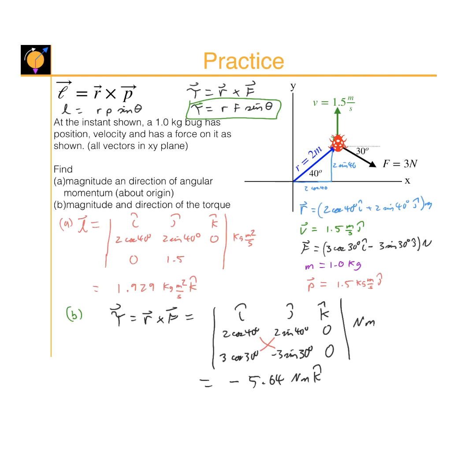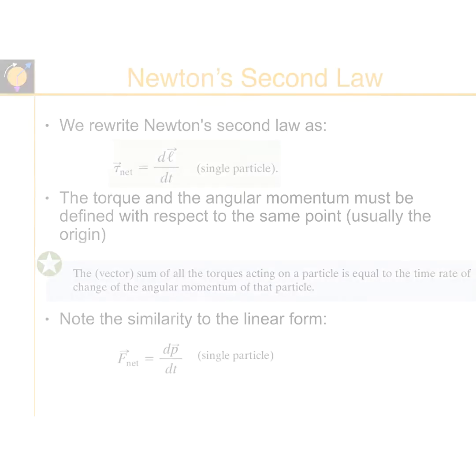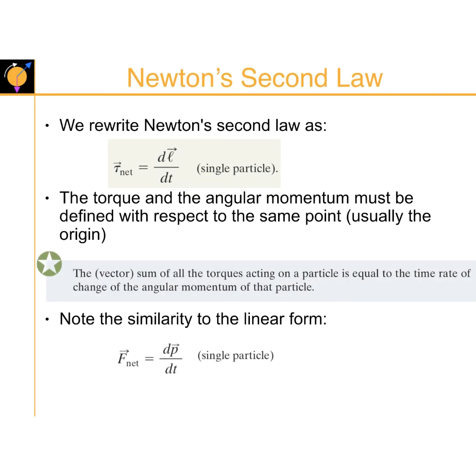So, next thing I want to talk about. We rewrote force, if you remember, as dp/dt, right? A force leads to a change in momentum. So it's not surprising that you can show that a net torque on something leads to a change in angular momentum.